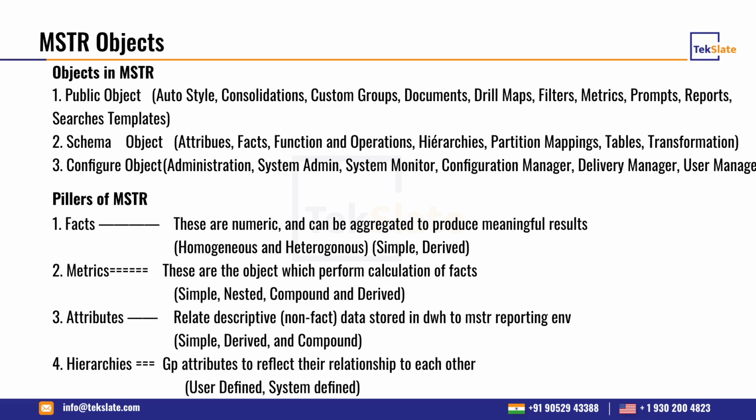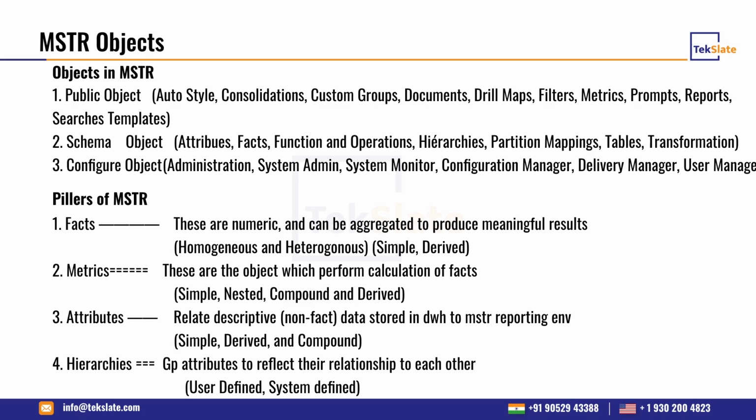Schema objects have some restrictions for different users, such as tables, transformations, partition mapping, hierarchies, functions and operations, facts and attributes. Public objects are visible to every user working in the organization: auto styles, consolidations, custom groups, documents, drill maps, filters, metrics, prompts, reports, and search templates.